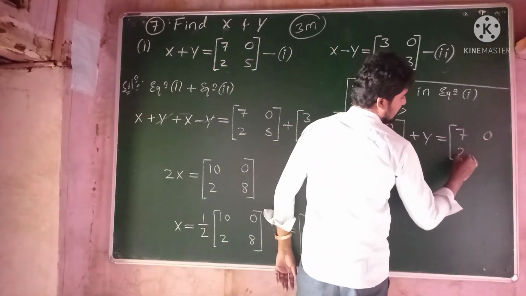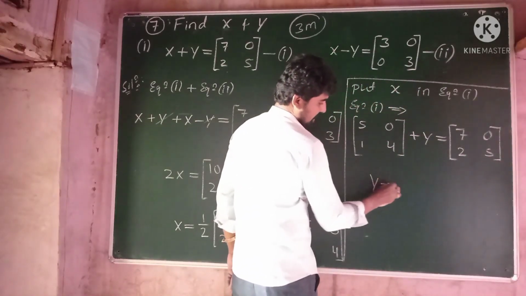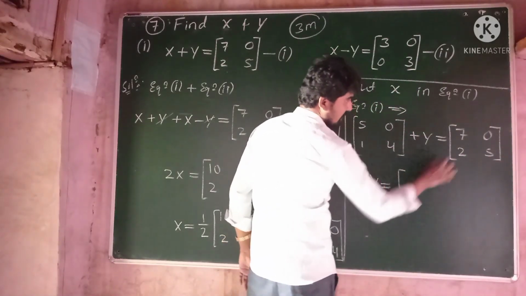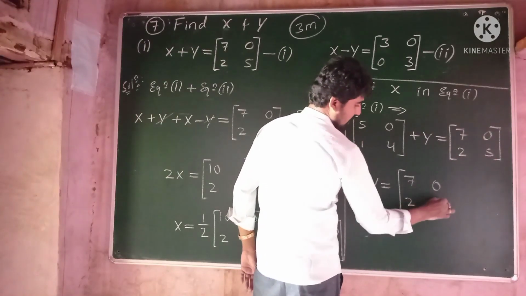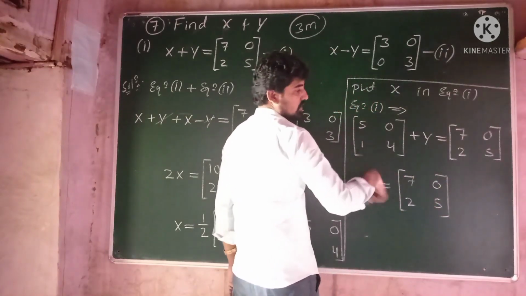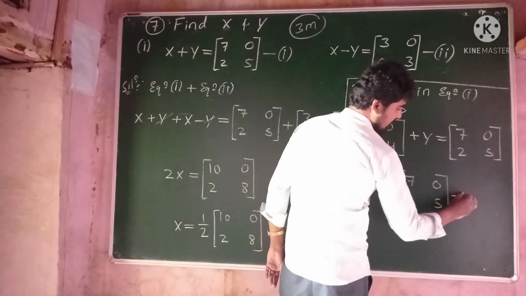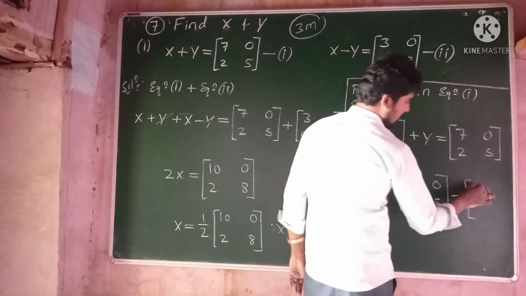Therefore the required matrix Y equals 7 0 2 5, and shifting this matrix to the right hand side, it becomes minus of matrix 5 0 1 4.